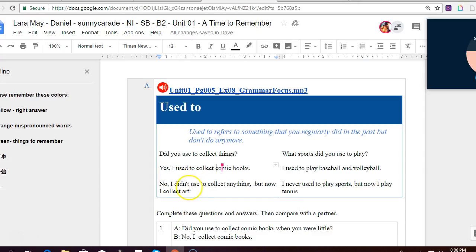Yes. Okay, good. There are two possible answers here: yes, they collect, and no. Now, can you please read the sentence? No, I didn't use to collect anything, but now I collect art. Just like what I told you a while ago, the difference is they didn't collect.